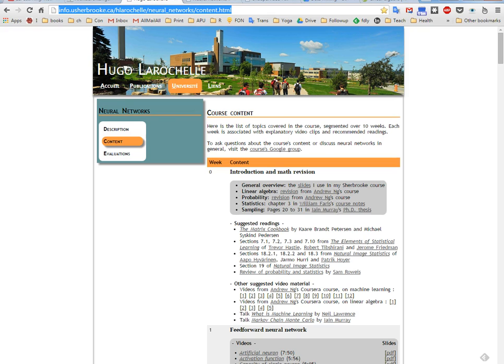There's a guy in Montreal, and somebody at NYU who's French, and they're doing work with image recognition and computer vision, using neural networks, and very good work that they're doing.